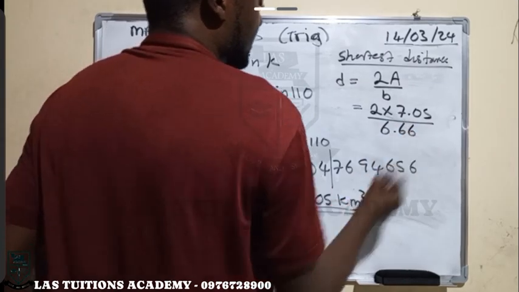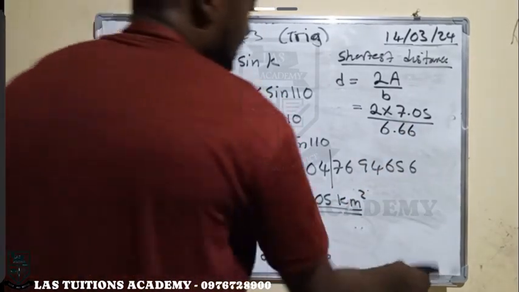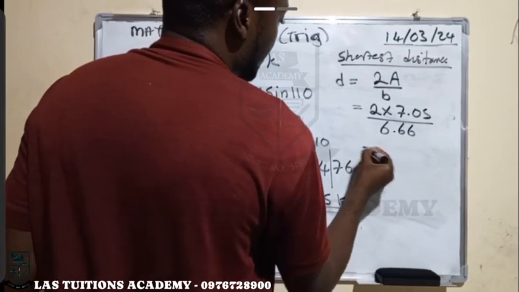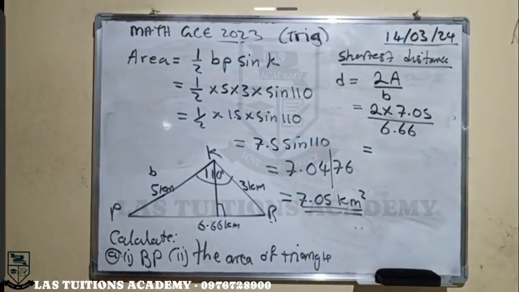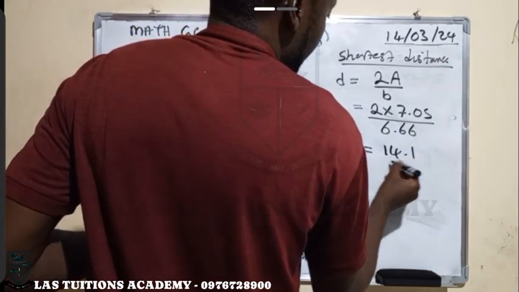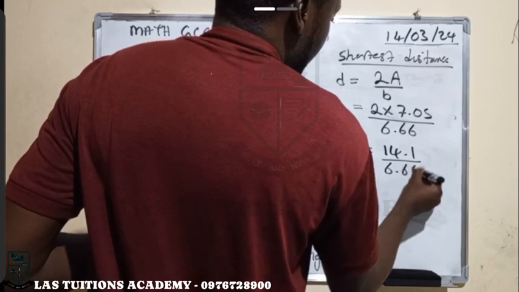What is 2 times 7.05? It's 14.1. So 14.1 divided by 6.66, what do we get?